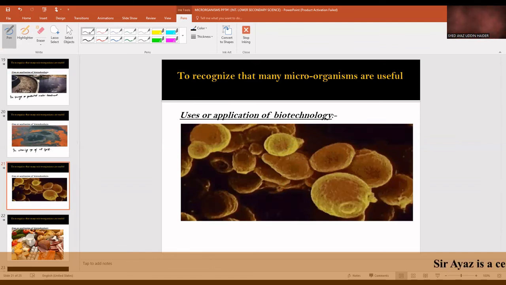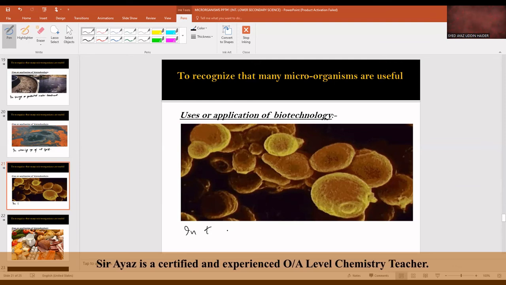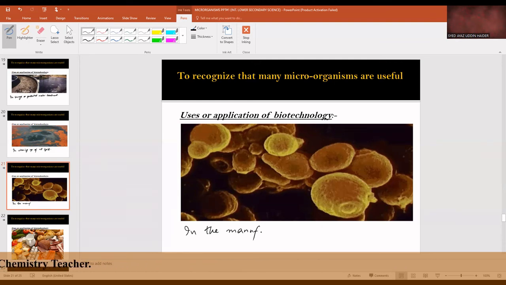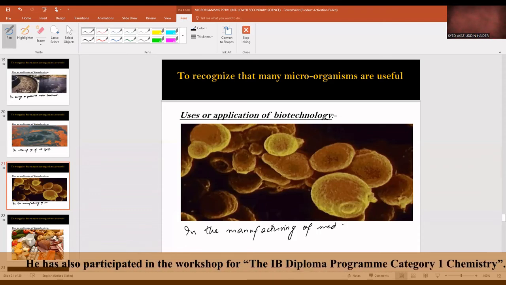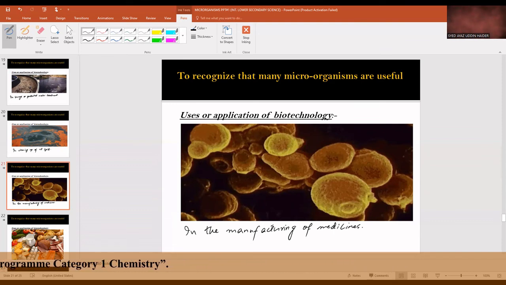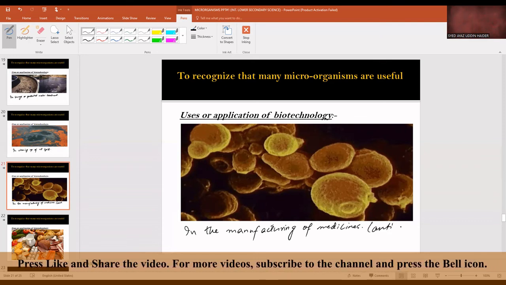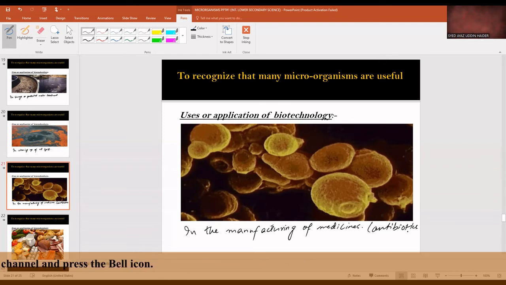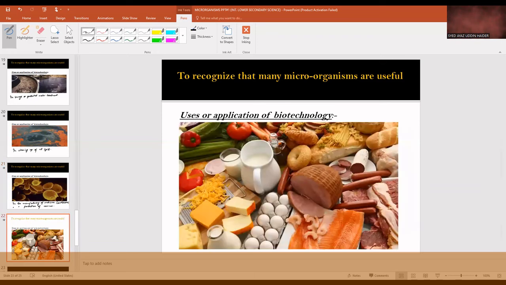In manufacturing of medicines, for example, bacteria are used in the production of antibiotics, like penicillin, cephalosporin, chloramphenicol, etc. They are even used in the production of vaccines.